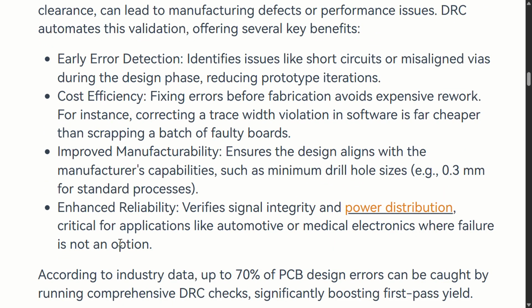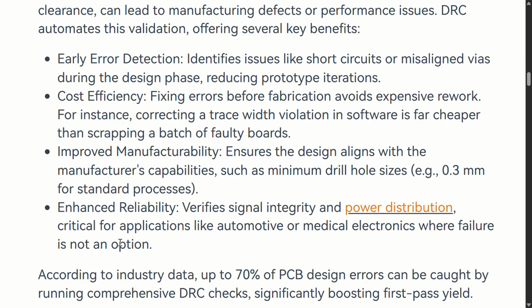With DRCs, these four things are possible. The first one is early error detection. It identifies issues like short circuits or misaligned wires during the design phase, reducing prototype iterations. Without DRC, let's say you build a PCB and get it fabricated by a fabrication unit like JLC PCB, and at the time of testing it's not working.